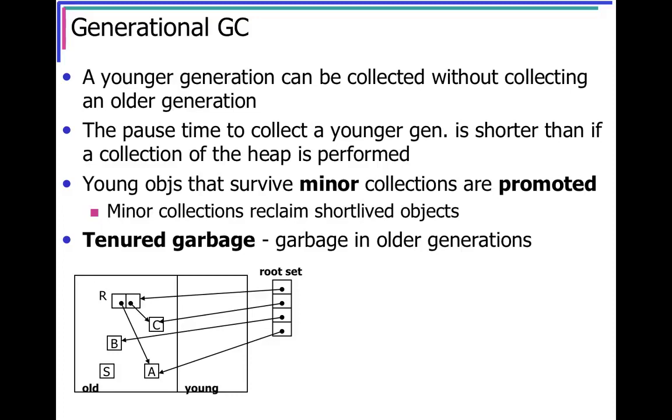So we'll repeatedly collect the young space, continuously moving anything that lives past the allocation of a full young space to the older generation, and we'll call that tenured garbage. A collection of the young space is called a minor collection, and a collection of the entire heap is called a major collection.